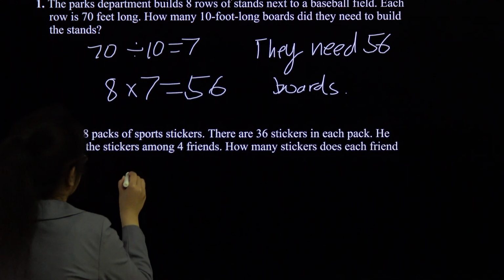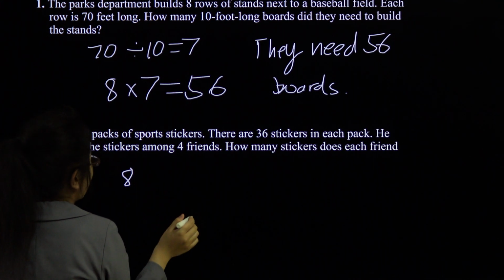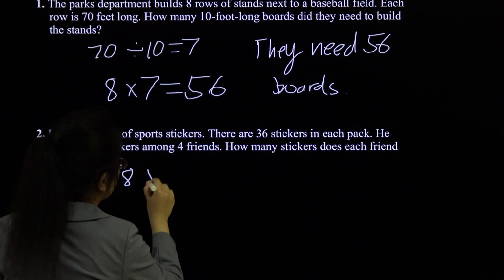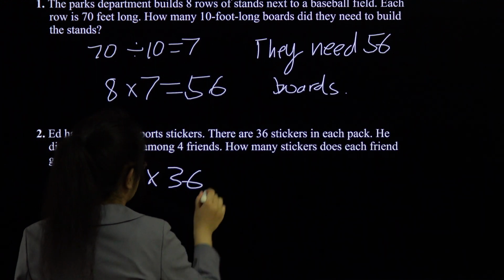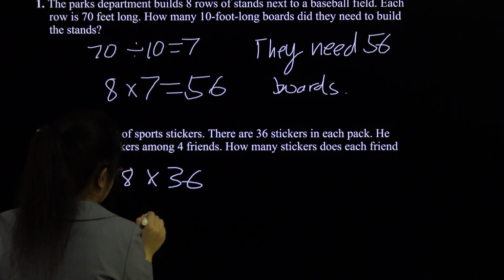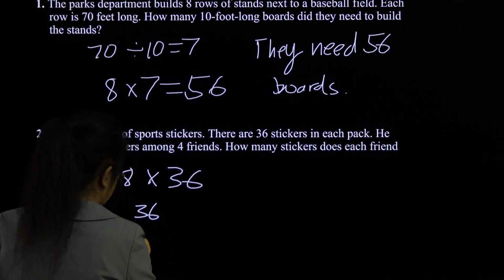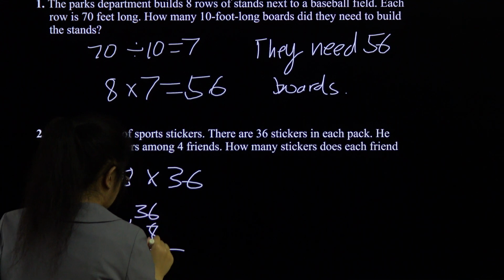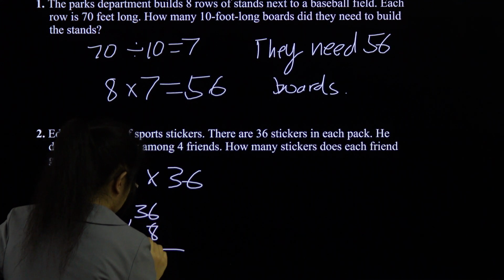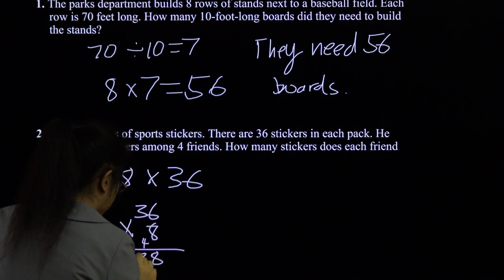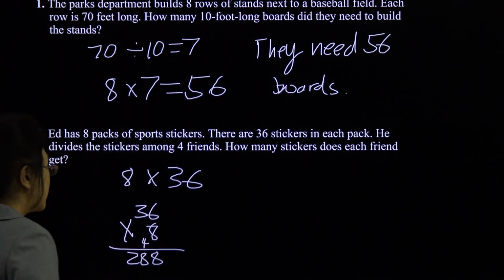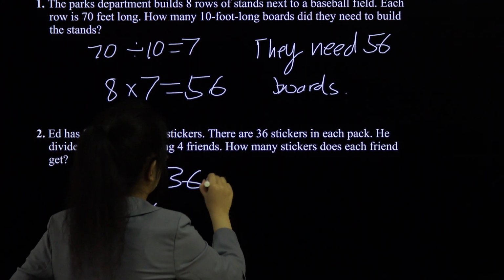So there's 8 packs of sports stickers with 36 stickers in each pack. And we get 288 stickers.